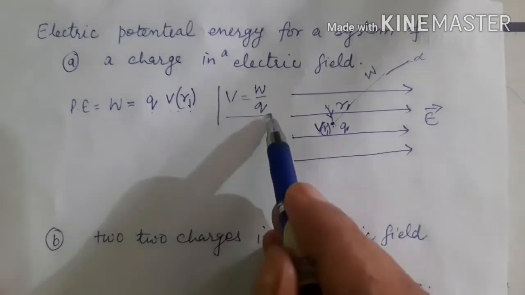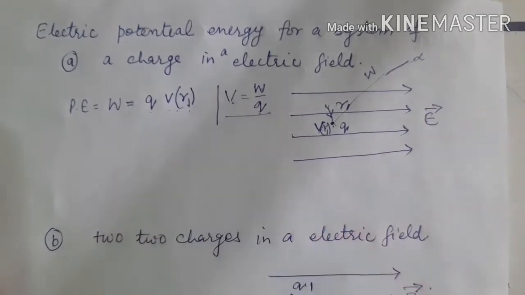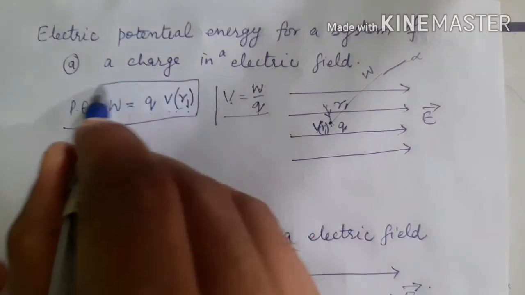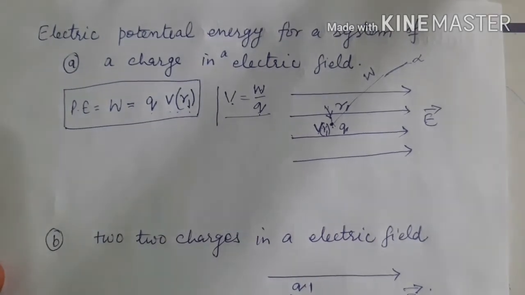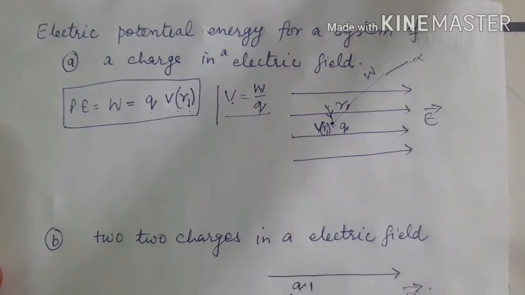So from here the work done will be equal to Q multiplied by V, that is potential. So this is your potential energy for a system when a charge is placed inside a uniform electric field or in any electric field. We only have to know the potential at that point.